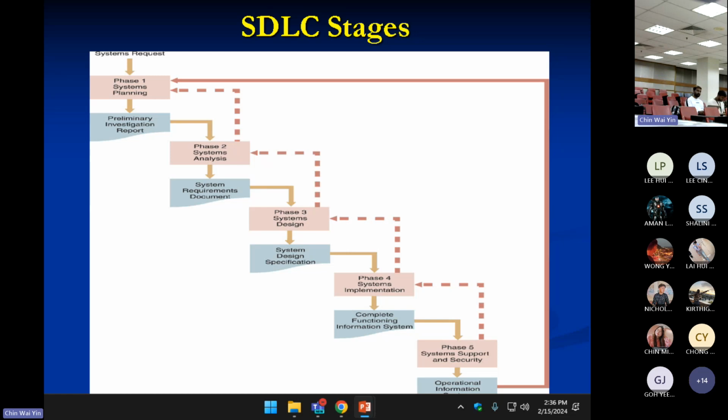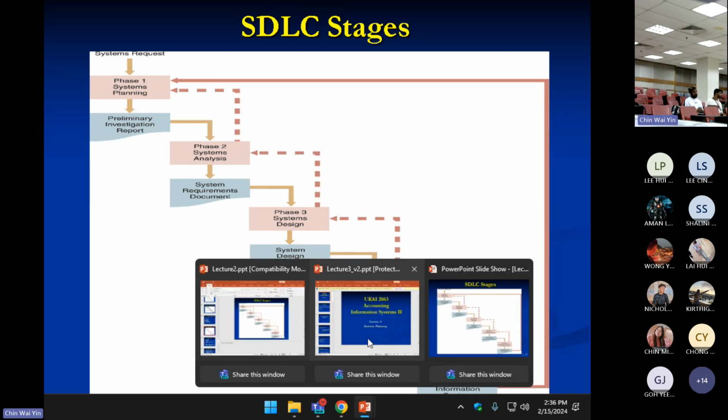So now we are going to start with the first phase, which is system planning. When we talk about system planning, of course, we want to talk about project management, because we are planning the systems development project. So let's look at lecture 3.